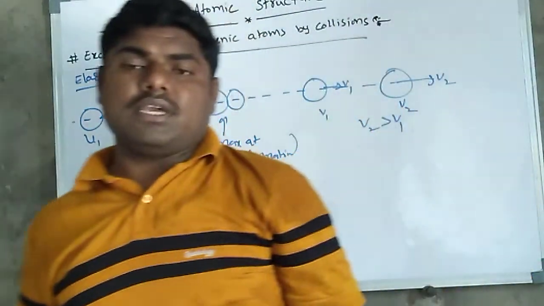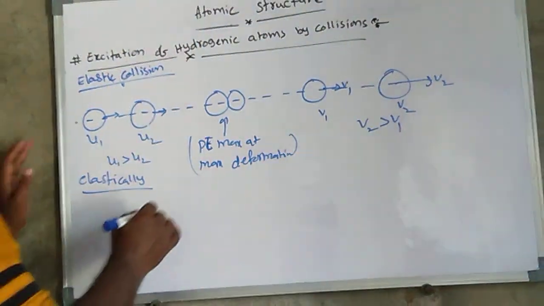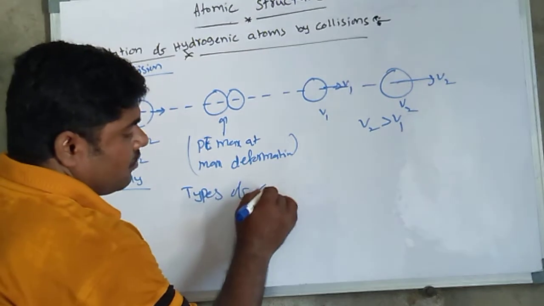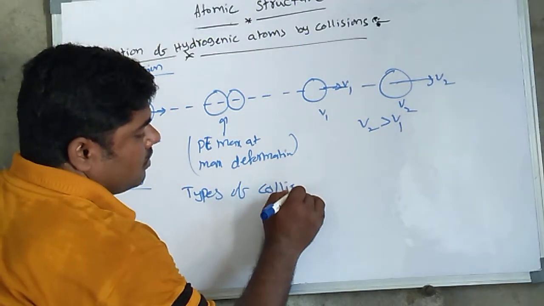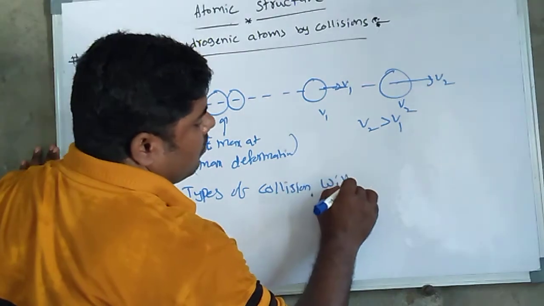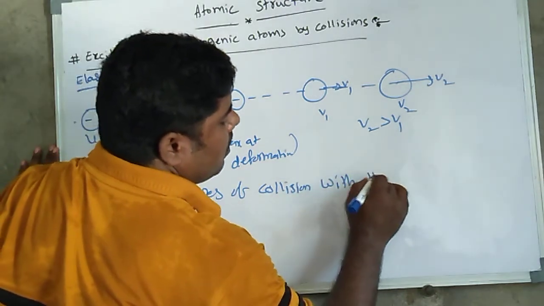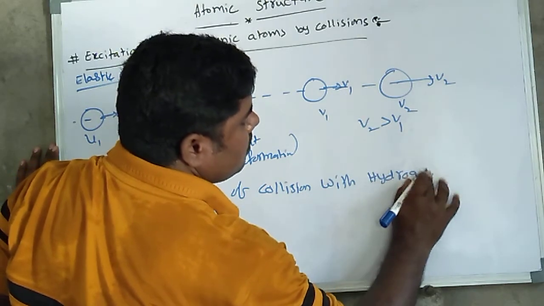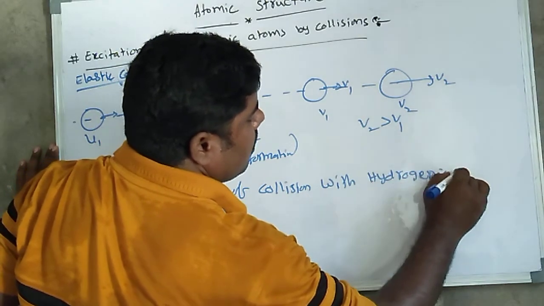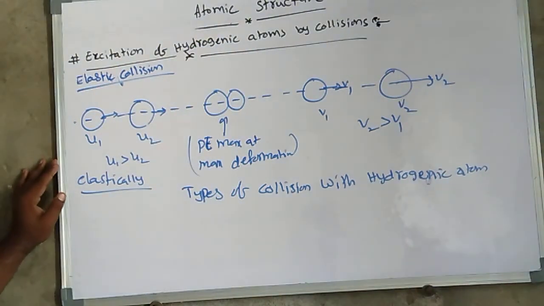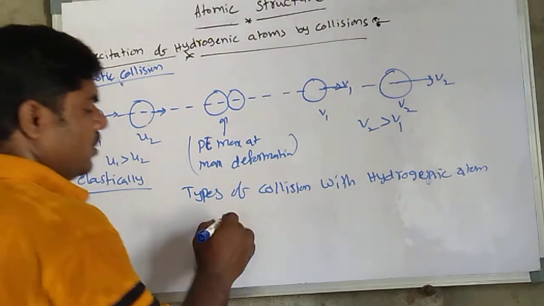So here the types of collision with hydrogenic atoms. Here there are two types.